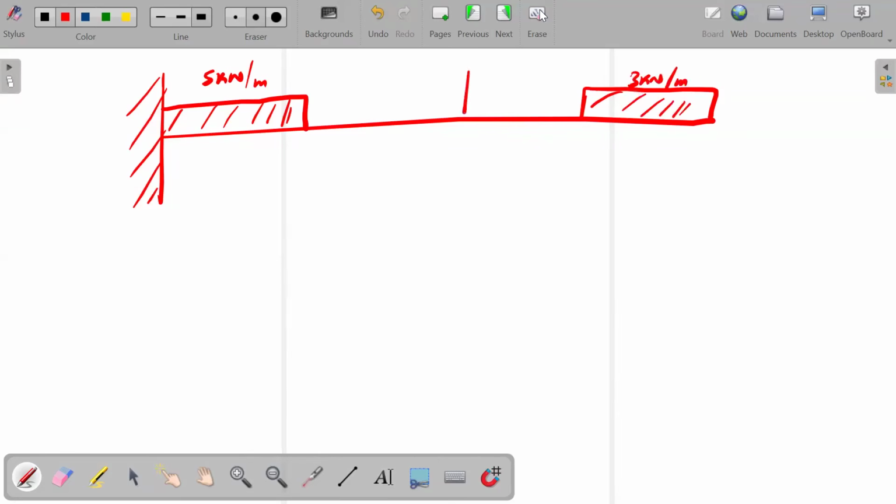Then here we have 8 kilonewton. This distance is 3, and here we have 2 meters, 1 meter, and 3 meters. There we are.